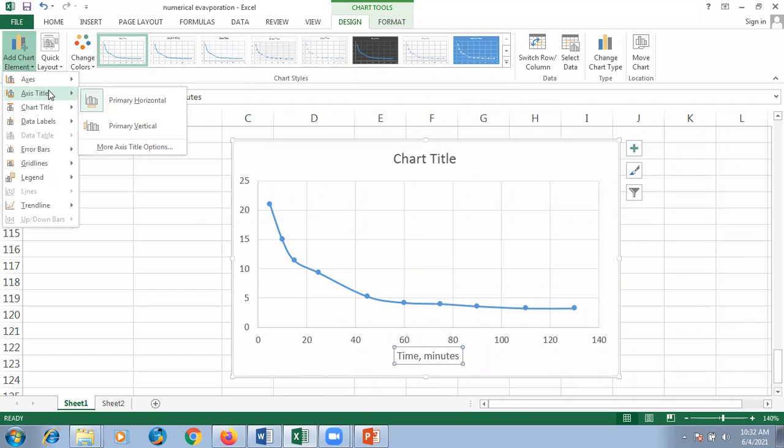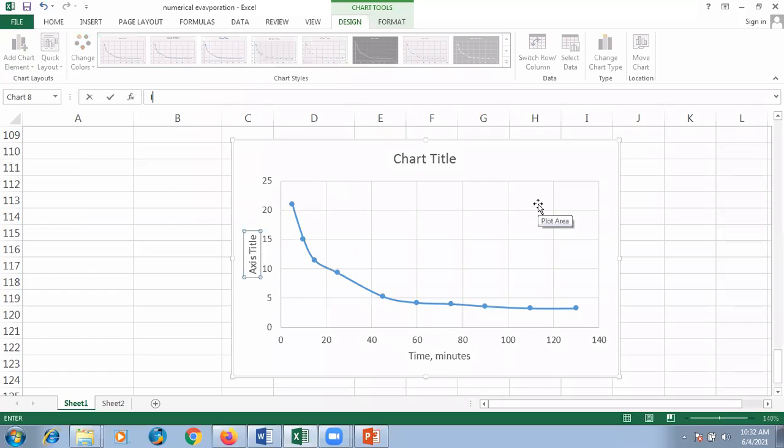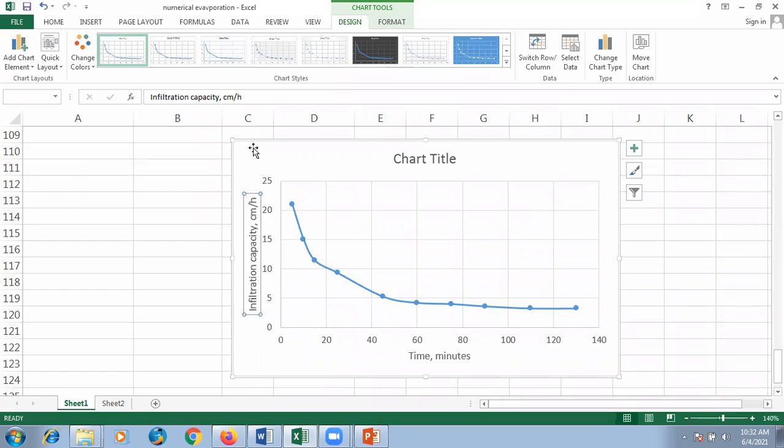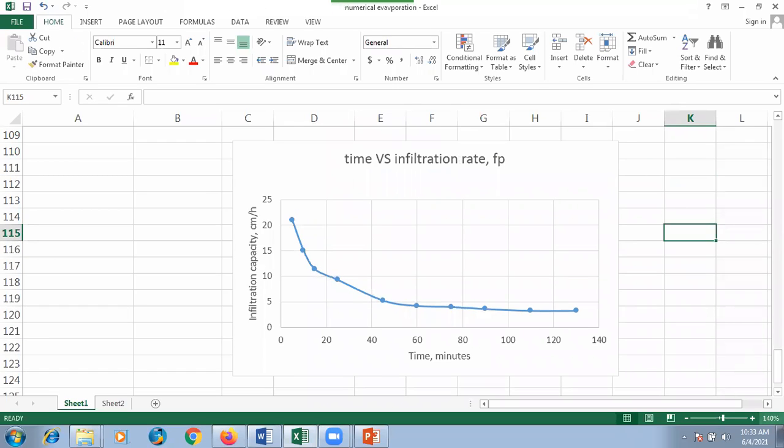Then primary vertical, infiltration capacity in centimeter per hour. That is the vertical axis. And the chart title here, time versus infiltration rate FP. You can show this way.